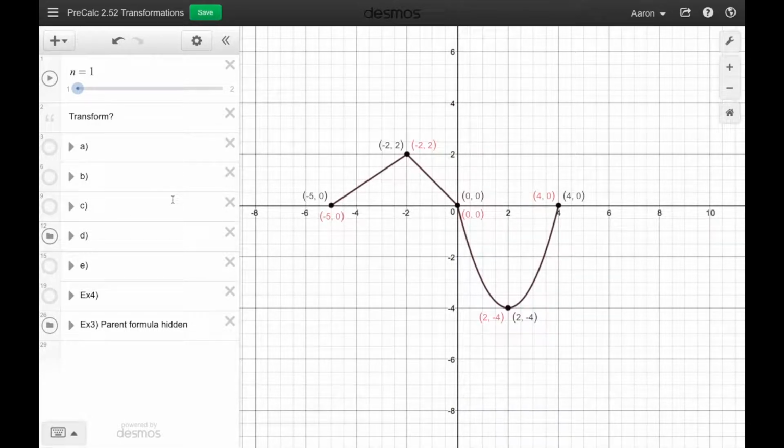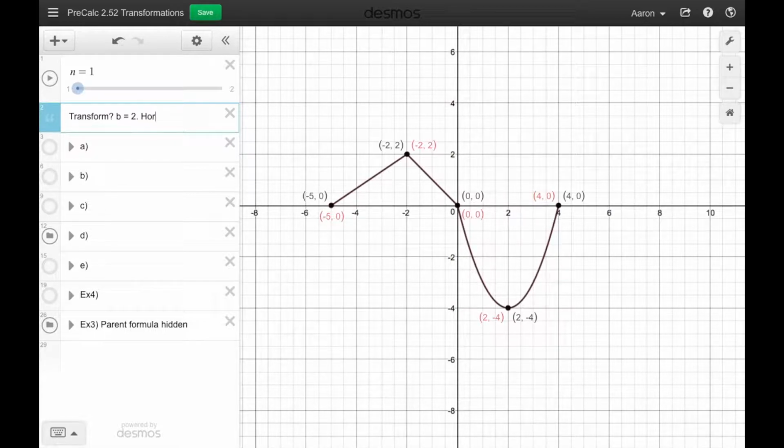Example D. You can see that s of x is equal to f of 1/2 x. Well, what are we going to do? I think that's a b value, but you can consider it x divided by 2. The reciprocal of what you're multiplying is what you're dividing, so b is equal to 2.